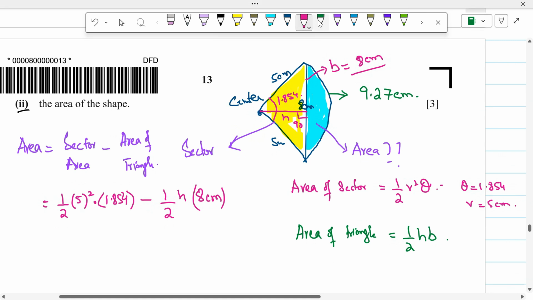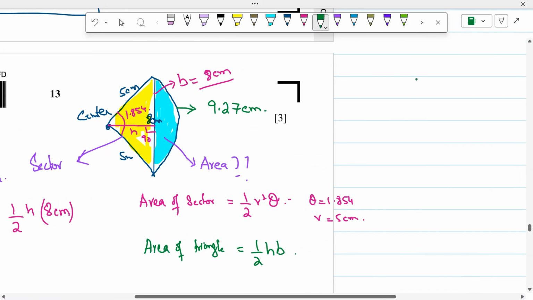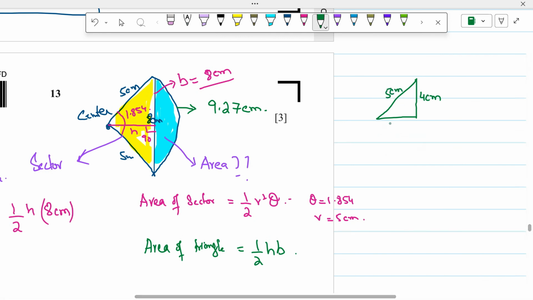Okay. Now how can we find the height? This is the right angle triangle, and this one is 4 centimeters, half of the base, and this one is 5 centimeters, and we need to find this height.